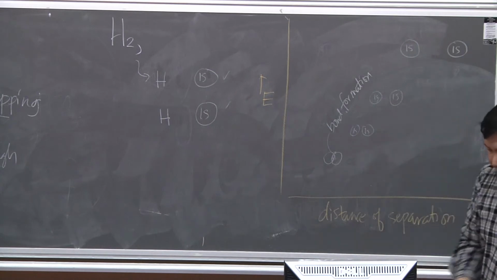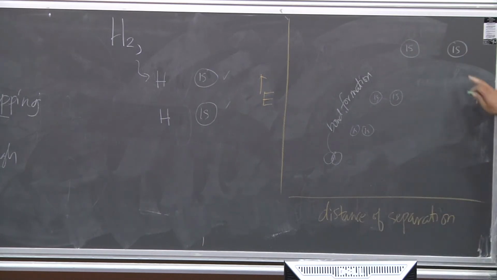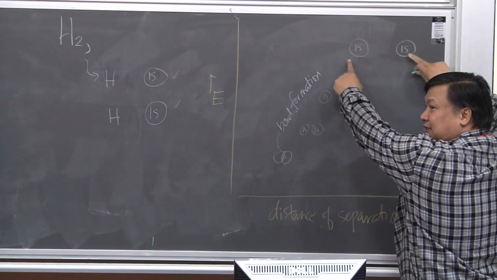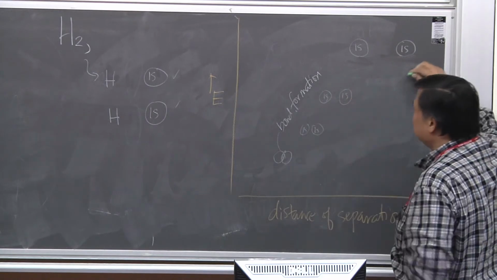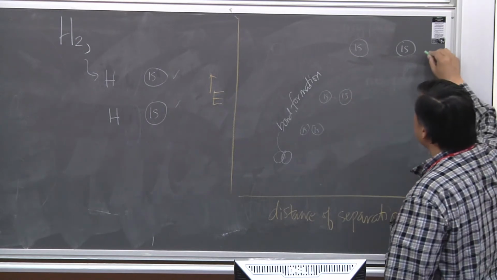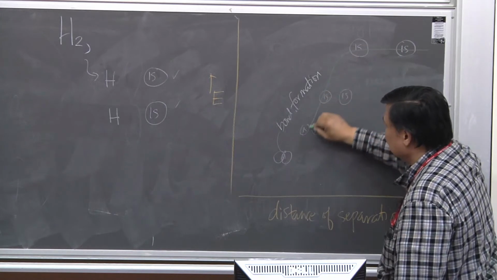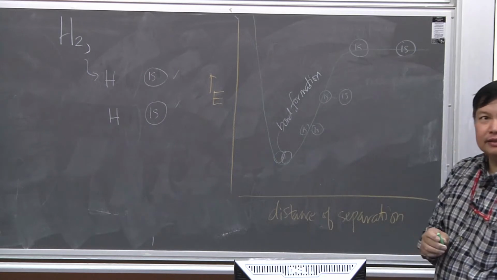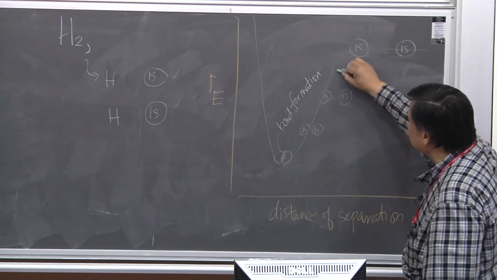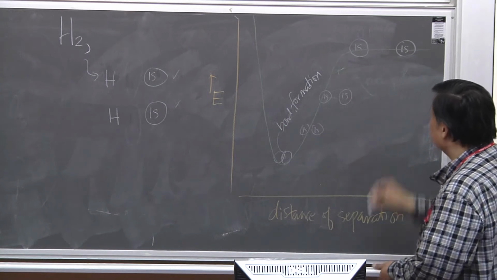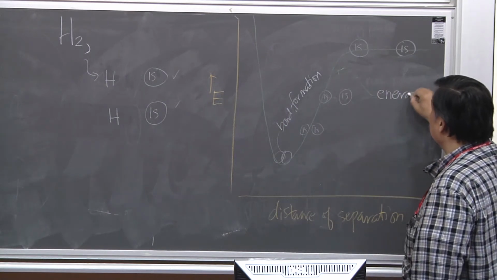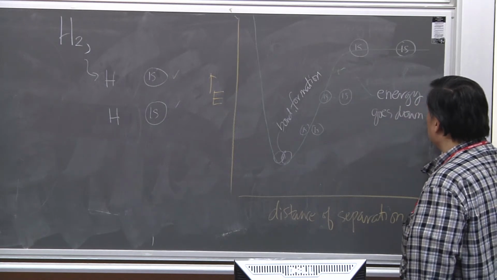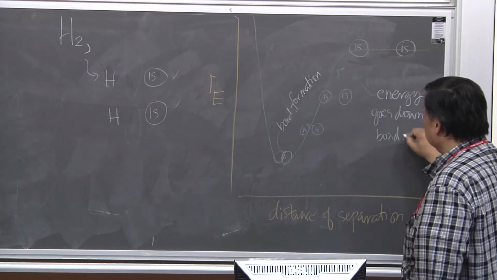Now if I plot the energy, what did we say? The energy is going to start going down, correct? Because they're trying to form an interaction. If I plot the energy in green, it's going to go like this. What does that green line mean? This part of it, the energy goes down as the bond is formed.